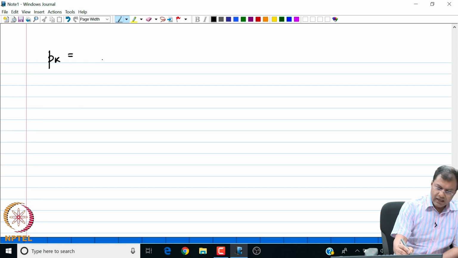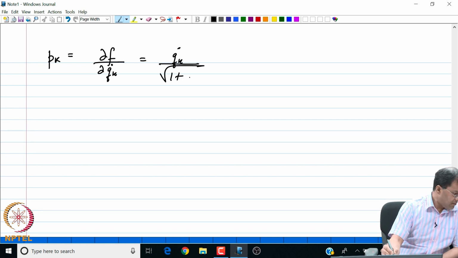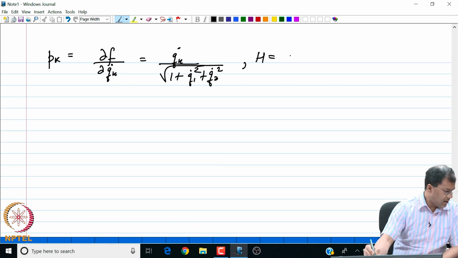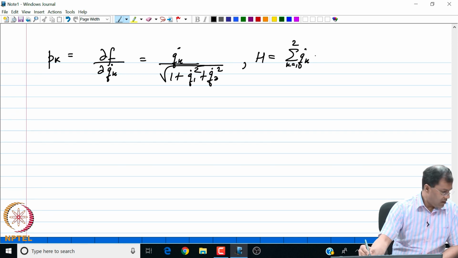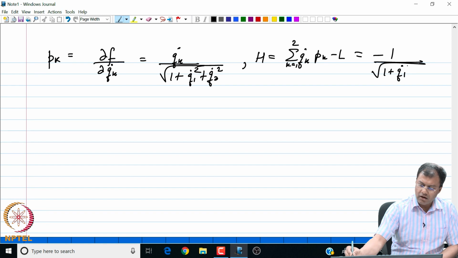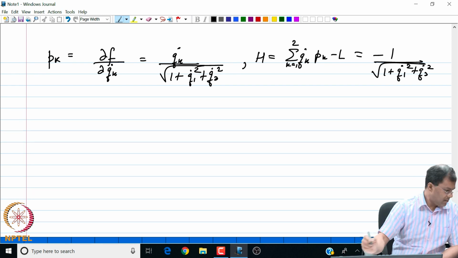My momentum pk is partial f partial qk dot, which gives me qk dot divided by square root of 1 plus q1 dot square plus q2 dot square, and my Hamiltonian H is summation qk dot pk, k from 1 to 2, minus L, and after simplification I get that this is minus 1 by square root of 1 plus q1 dot square plus q2 dot square.